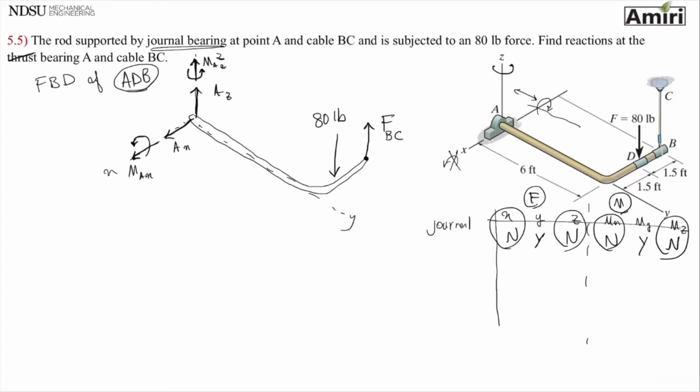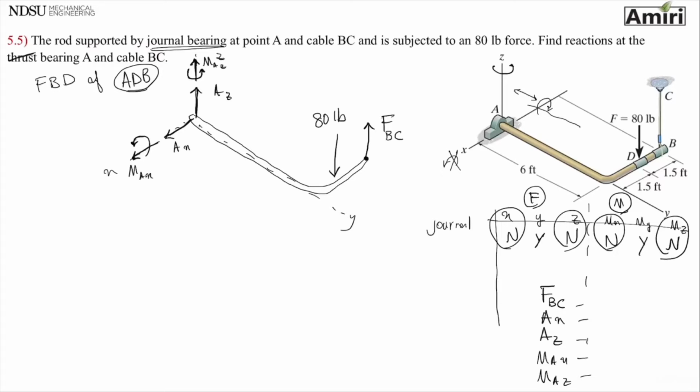Okay, so how many unknowns do I have? I have FBC, AX, AZ, moment of A about X, moment of A about Z. 1, 2, 3, 4, 5 unknowns. Okay, let's start. For problems where all the forces and all the moments are along the axes X, Y, Z, every force and every moment is either in positive axis or negative axis. They're all parallel.